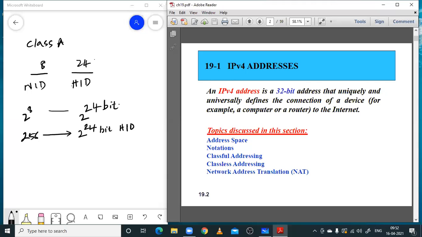It does not depend on the location of the device. So universal is nothing but that we can access the device connected to the internet, and that IP address will be accessed universally, anywhere in the country, or out of the country also.